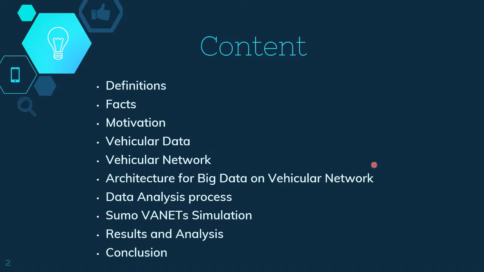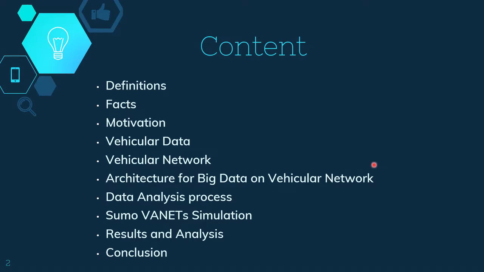So today we're going to talk about what big data is and what that has to do with vehicular networks, some facts behind both big data and vehicles, the motivation behind collecting big vehicular data, and how it can be useful.